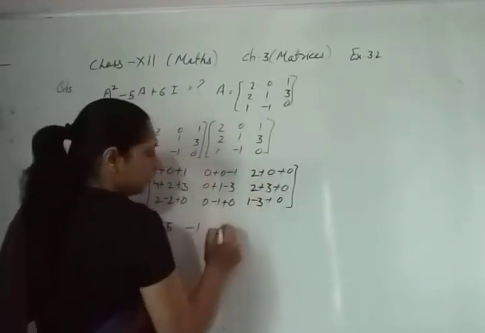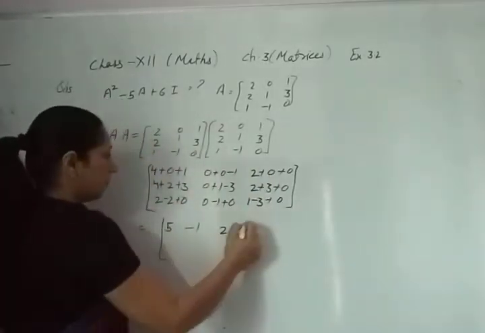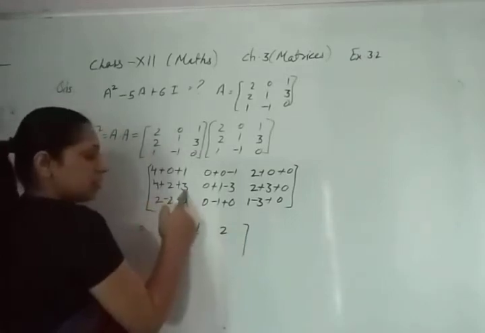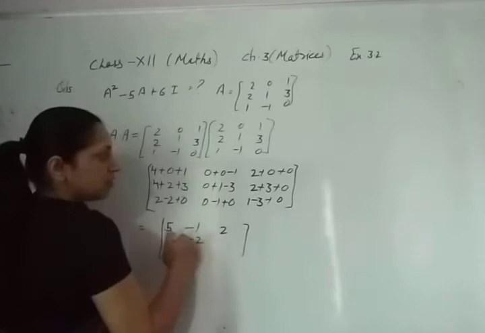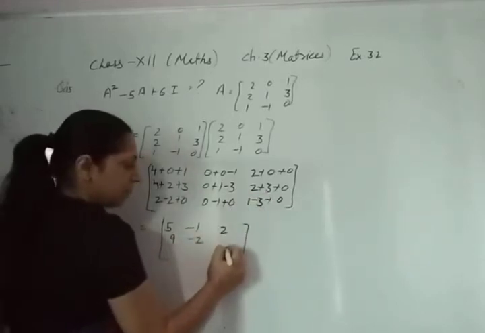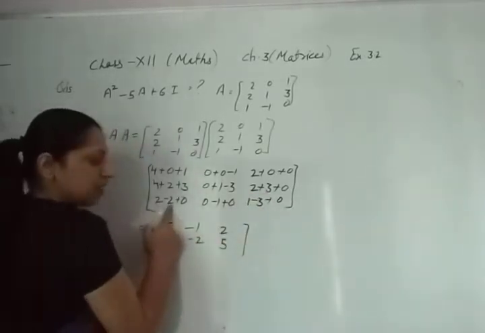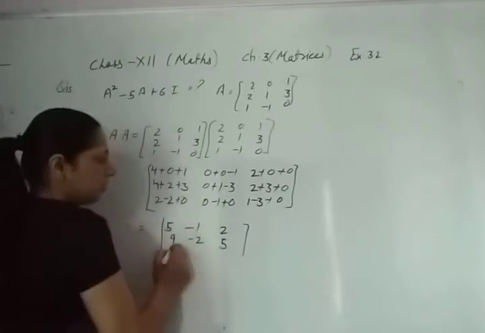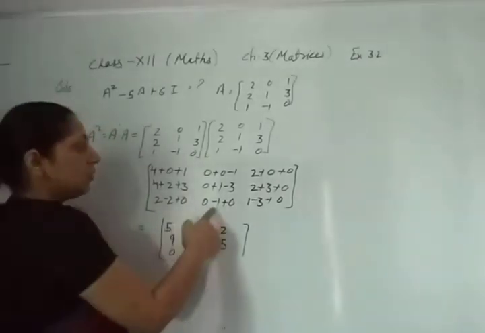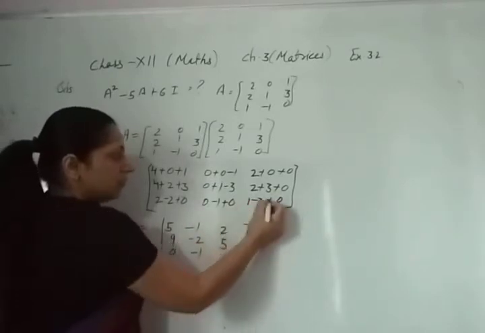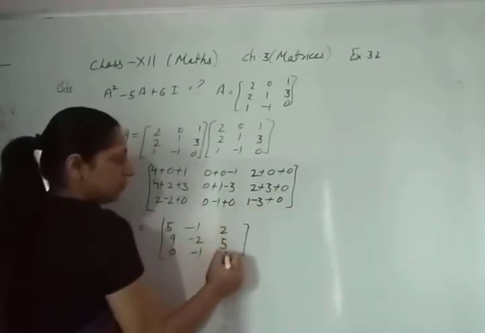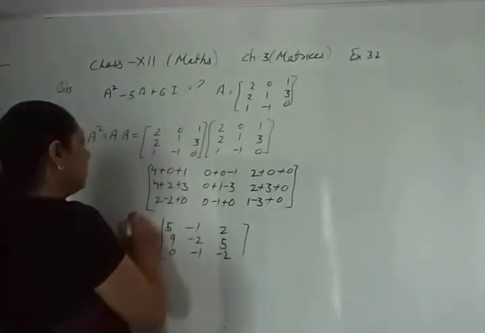This is equal to 2. 4 to 6, 6 3, 9. 1 minus 3, minus 2. 2 plus 3, 5. 2 minus 2, 0. 0 plus 0, 0. 0 minus 1 plus 0, it's minus 1. 1 minus 3, minus 2. So this is our A squared.